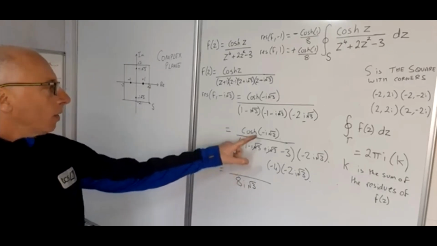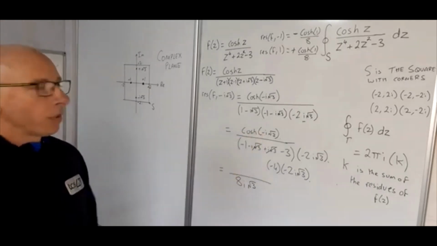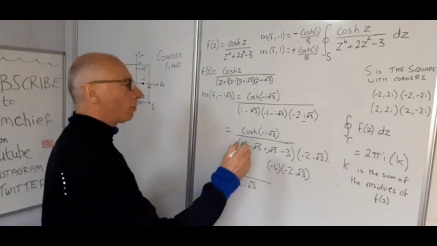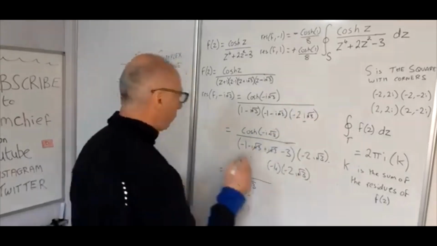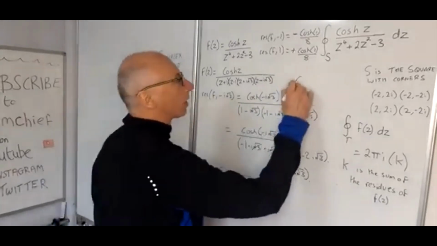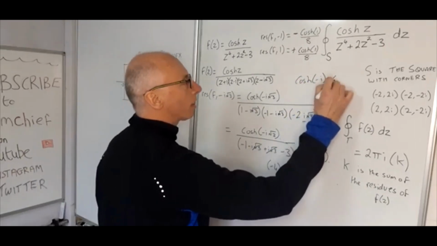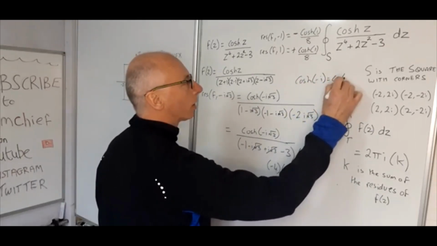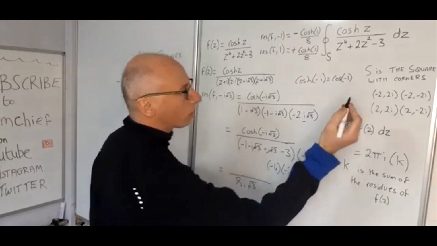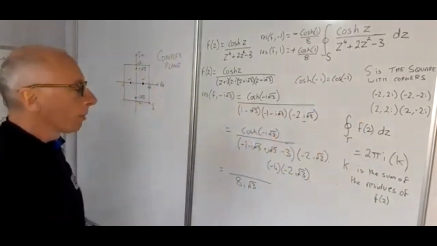Okay, now cosh of minus i root 3. Well, cosh of minus i, if we just look at that alone first, I'm going to write that here. Cosh of minus i is equivalent to cosine of minus 1 or cosine of positive 1, whichever one you want.